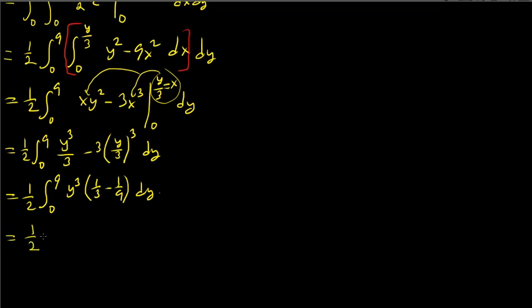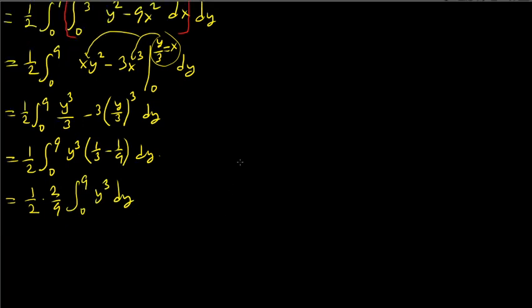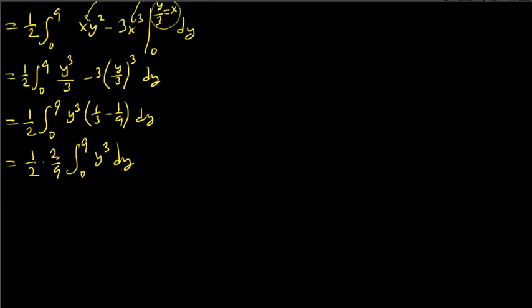So 1 over 2 times 2 over 9 times the integral from 0 to 9 of y cubed. And now this is just a standard single definite integral. You can cancel the 2's, I guess, right? 1 over 9. And when you integrate y cubed, you get 1 over 4 y to the 4th. And now we just plug in 0 and 9. We integrated already, there's no dy anymore, right?